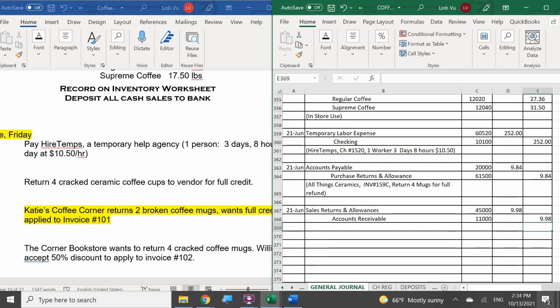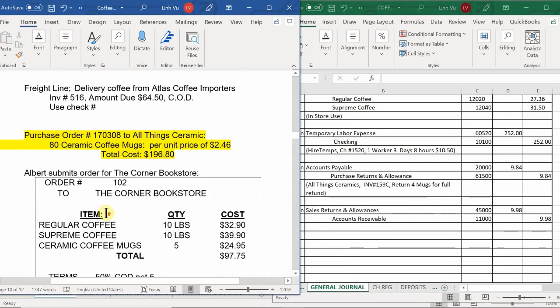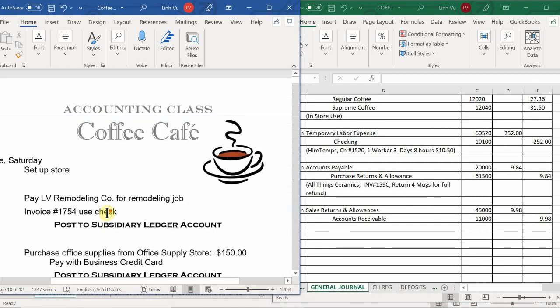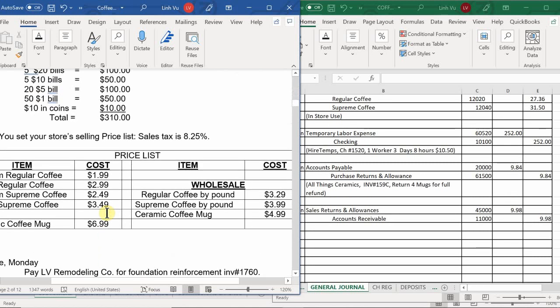I just went to the invoice and checked the price. Where did you check? I checked the selling price list. I already listed it right here. This is what we sell in the store, and this is what we sell to the people.